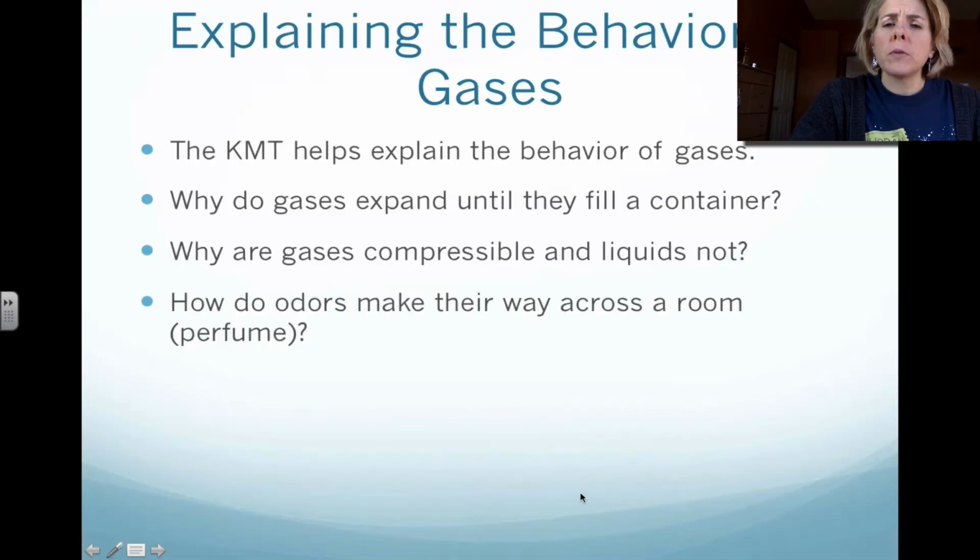Okay, so why do we want to know? Well, it's good to understand the behavior of gases so we can predict what happens when we do something with them. You may notice that in the summertime, your tires are inflated differently than in the wintertime. The other thing is you may notice with gases that you can actually push the gas together, but with liquids you can't.